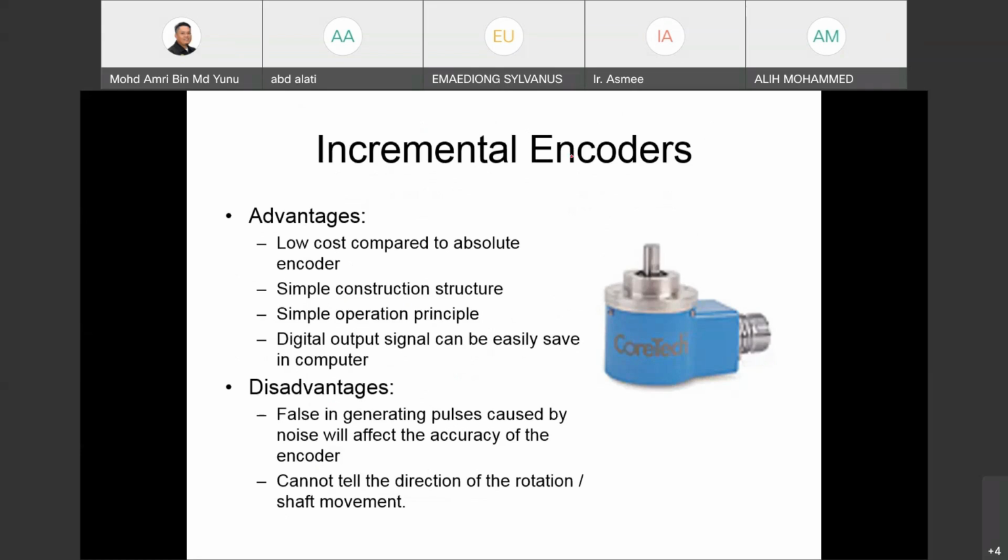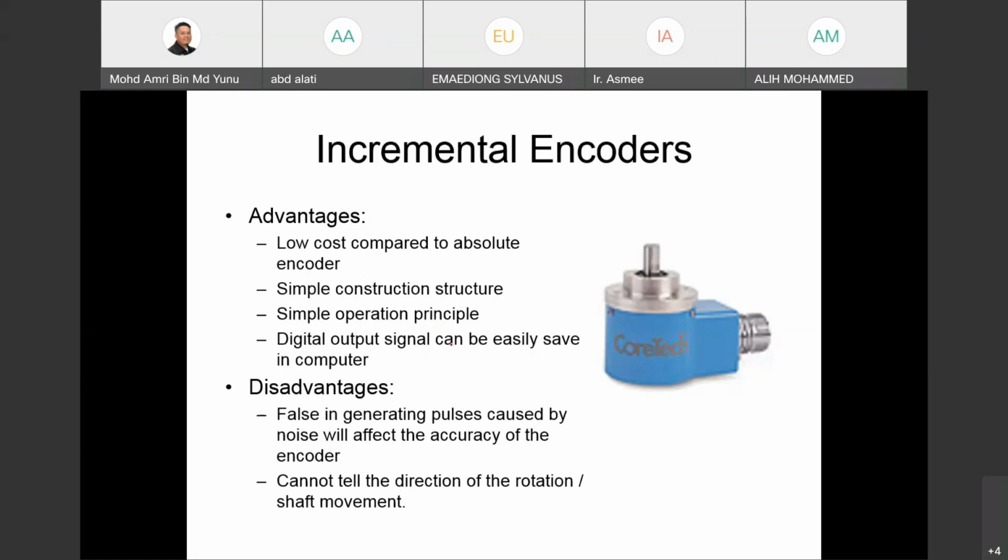The advantages of incremental encoders are low cost compared to absolute encoders, simple construction and operating principle, and a digital signal output that can be easily saved in a computer.